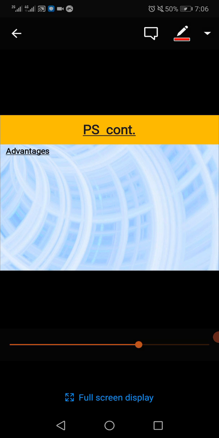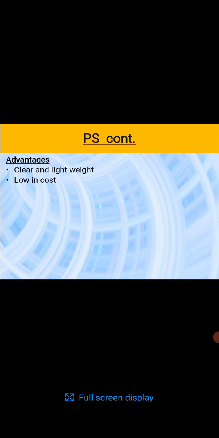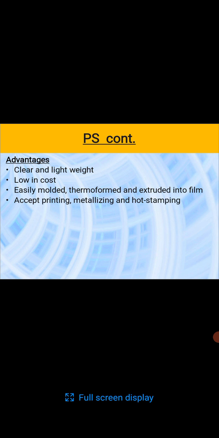Its advantages: clear and lightweight, low in cost, easily molded, thermoformed and extruded into film, accepts printing, metallizing and hot stamping.